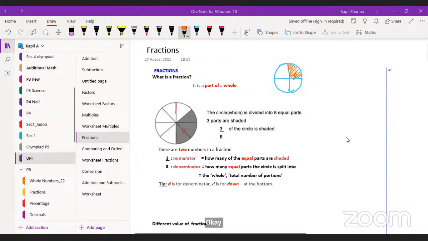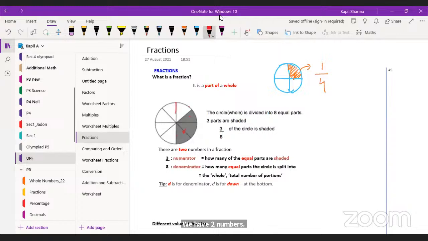Okay, so we have 4 parts, and we have shaded one part. So this can be expressed as a fraction. And in a fraction, we have 2 numbers.